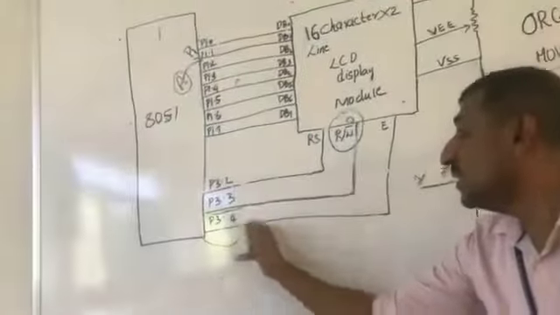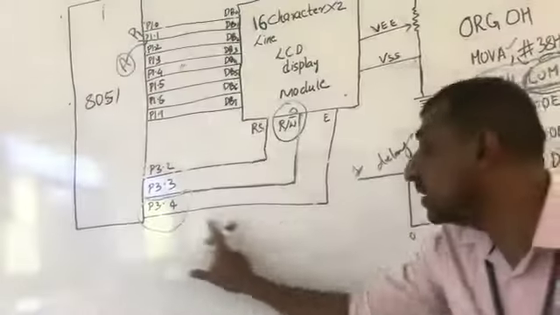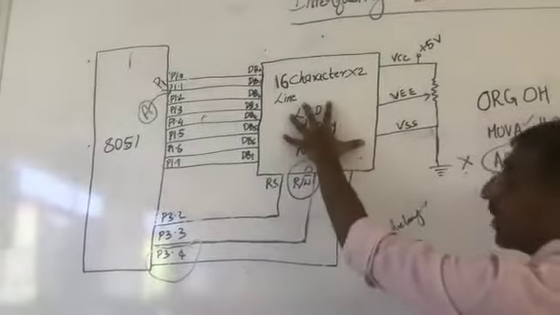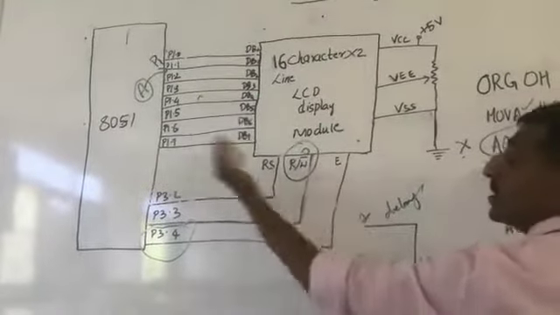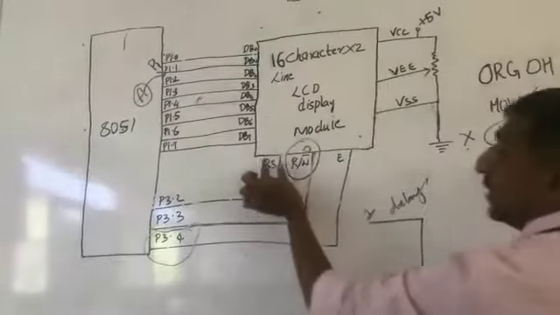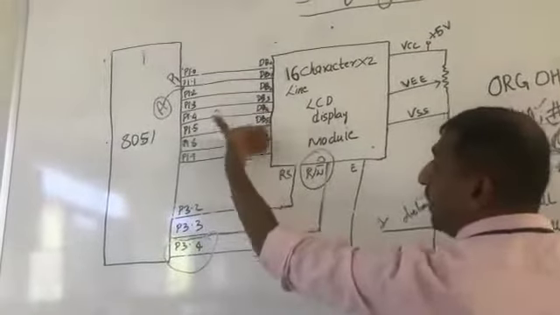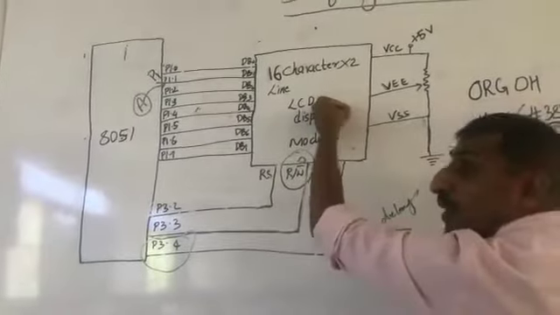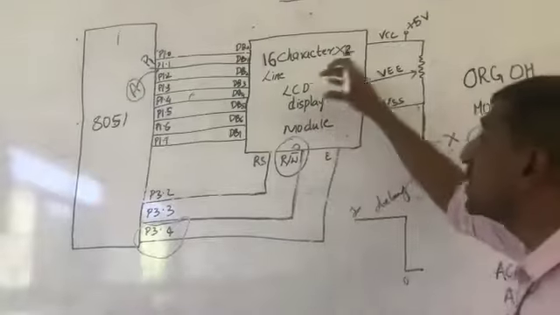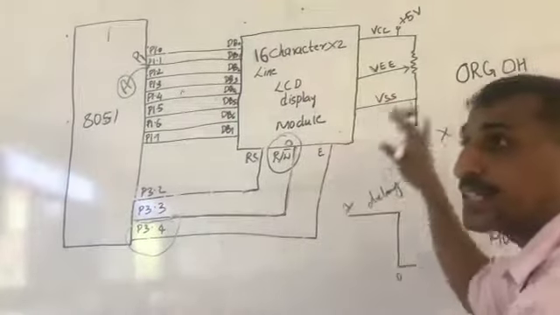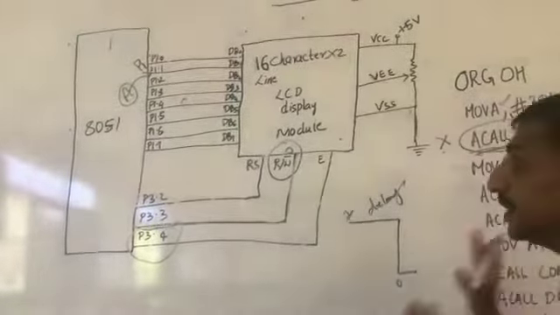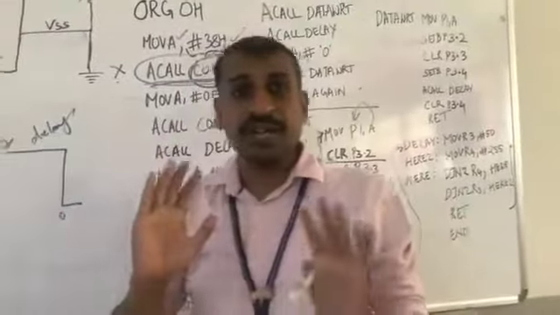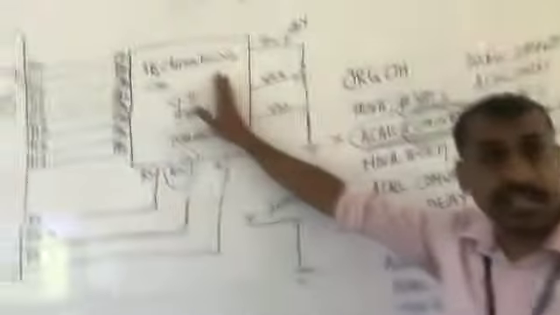You have sent this particular signal on P3.4 to the LCD display, and now that LCD display has got activated, it knows that something is going to be written, and whatever is going to be written into this DB0 to DB7 should be stored into the command register, and once it gets stored into the command register, it gets executed in the command register. Therefore, till this point, 38H gets executed in the LCD, right?